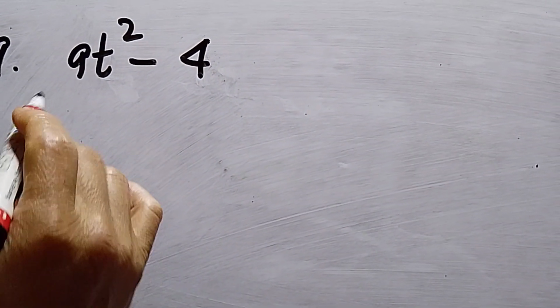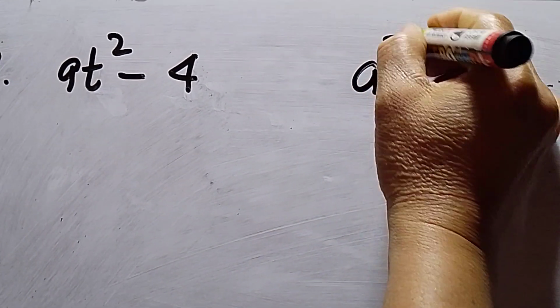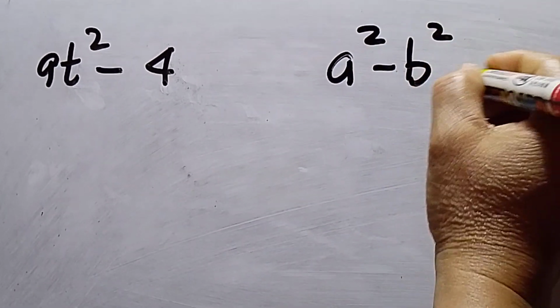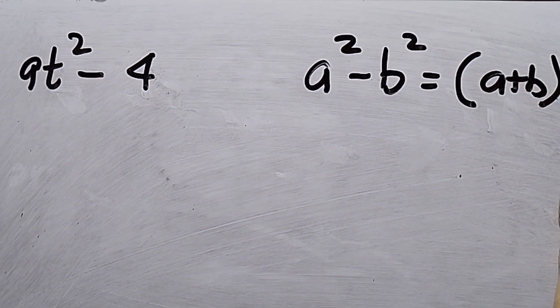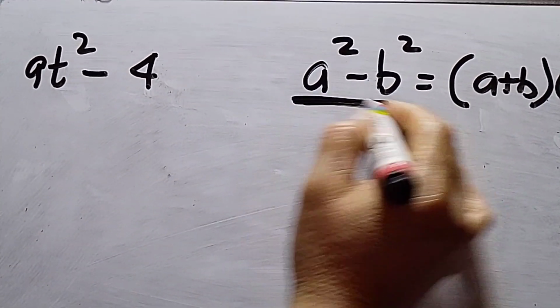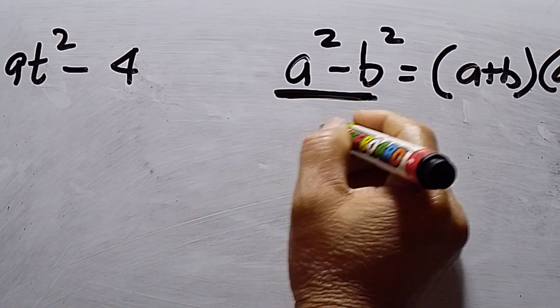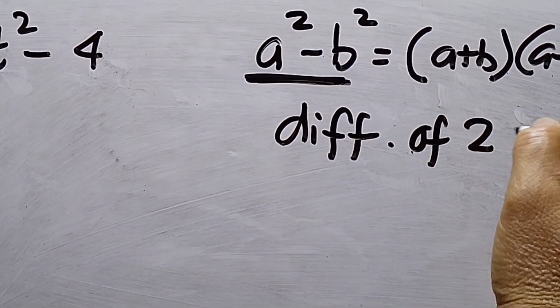So this is difference of two squares. This formula will be a squared minus b squared is equal to, the factors are a plus b times a minus b. We need to arrive at the standard form of difference of two squares.